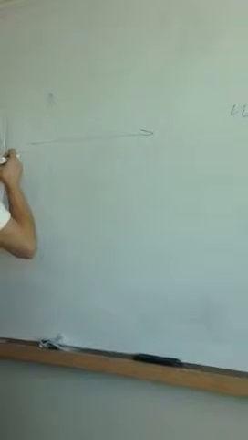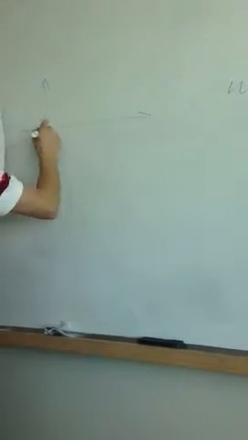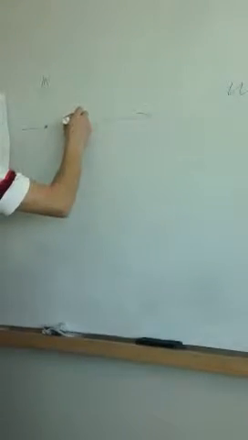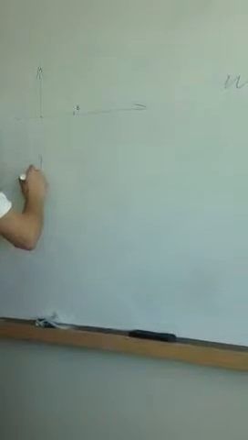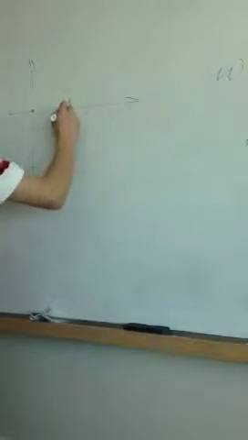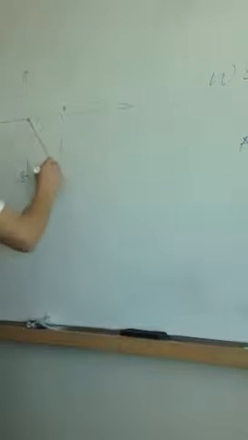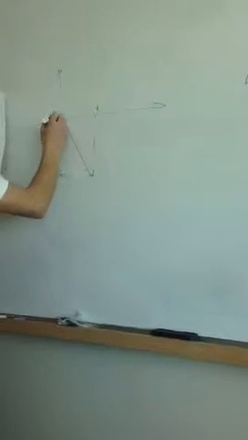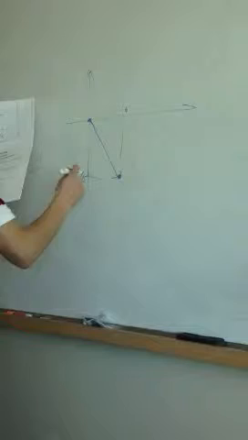This object is moving from the origin to the point (6, -8). So this object moves from here to here.